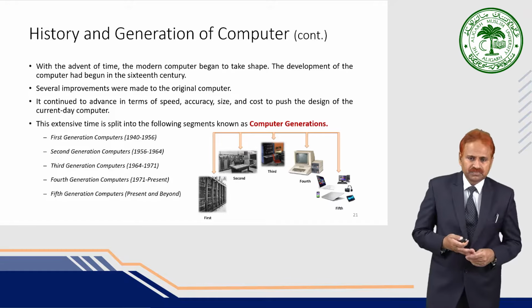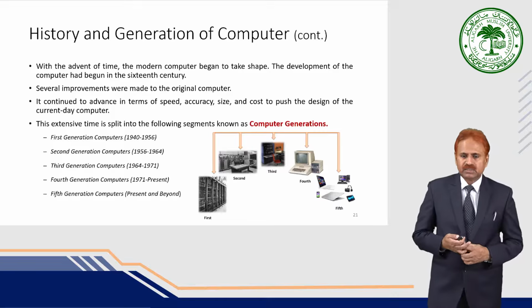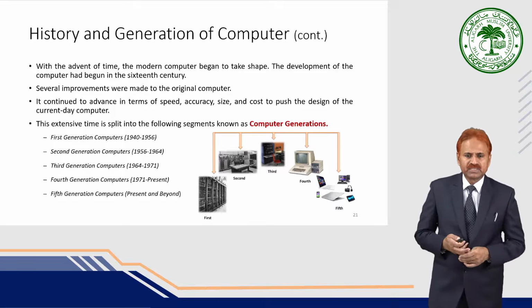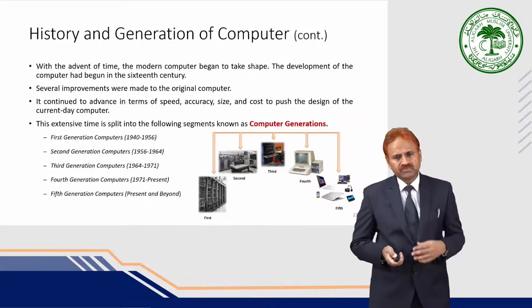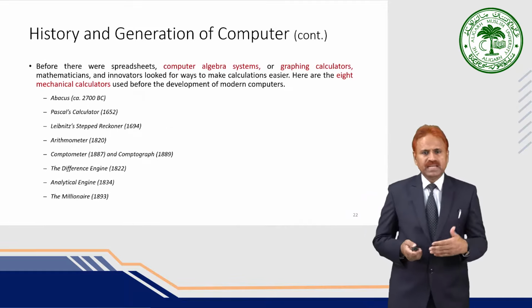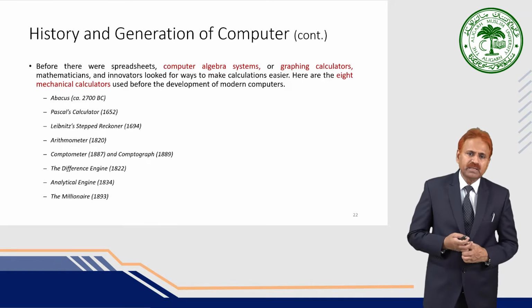Computers which were marketed from 1971 till date are known as fourth generation computers, and fifth generation computers are the present and beyond. So we will have a look at these generations one by one.